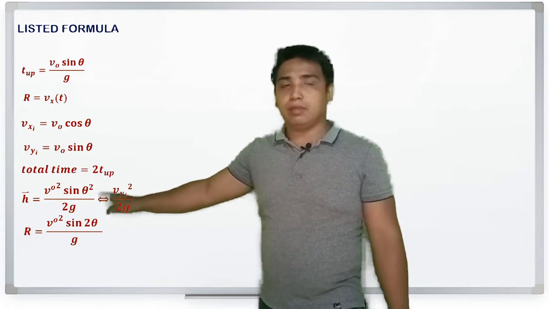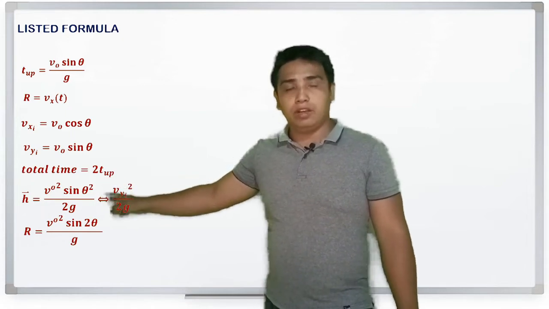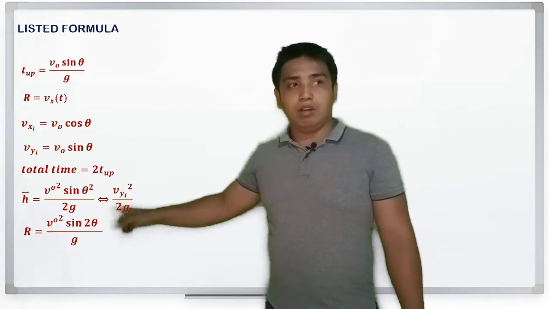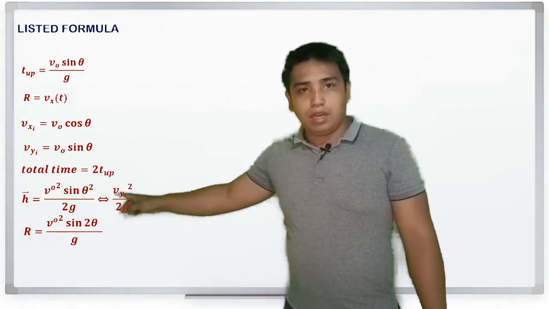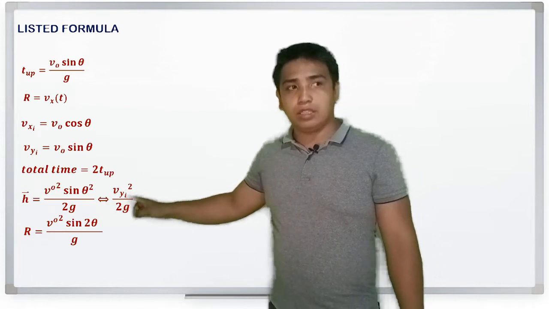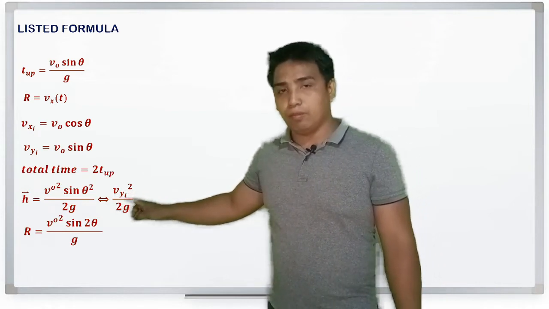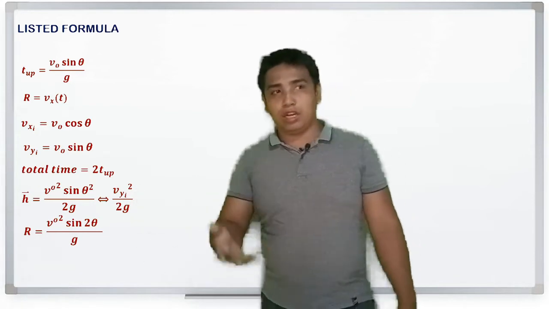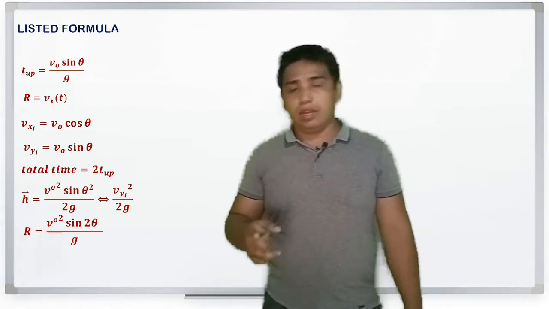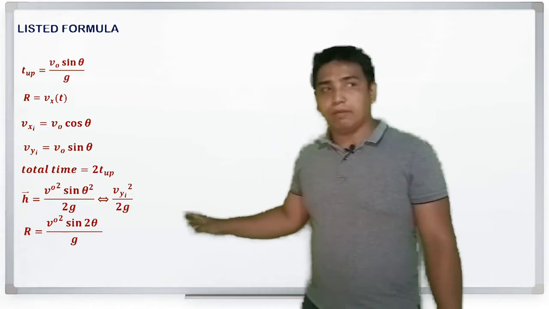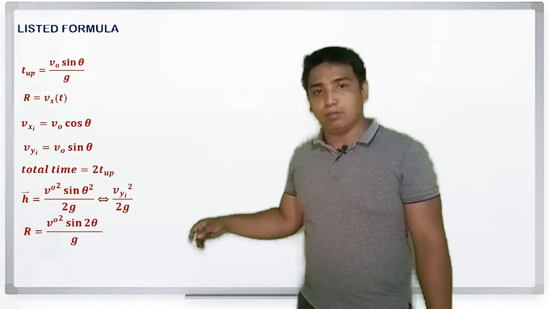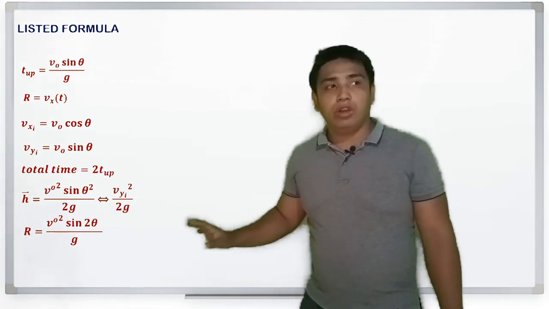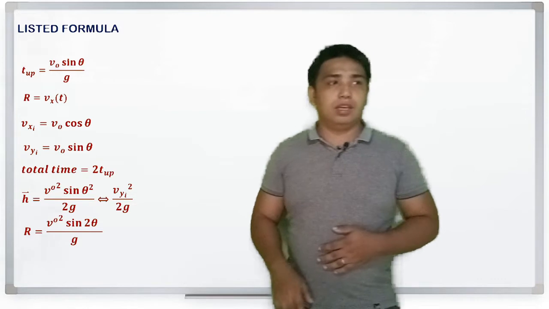The formula for the maximum height is vo squared, or the muzzle velocity squared, times sine squared theta all over 2g, which is, if you know your initial velocity or the y component, you have to square that and divide it by 2g, and then you're gonna get your maximum height. And then the range, or the distance traveled along the x-axis, is easily found by using vo squared sine 2 theta all over g.